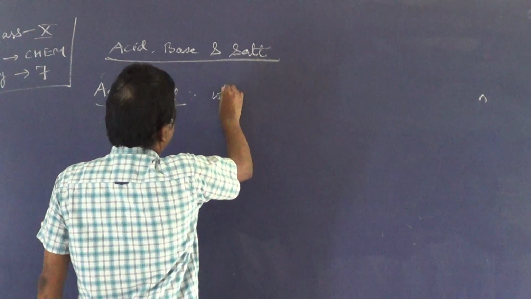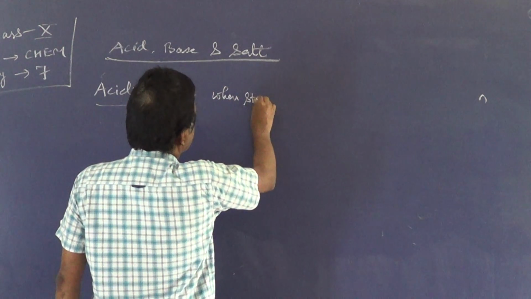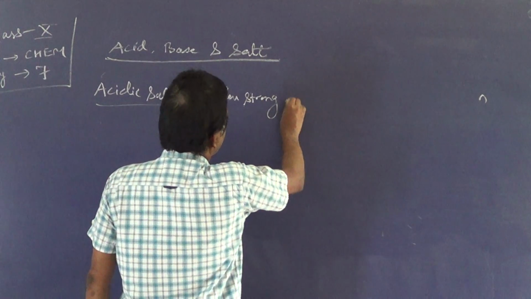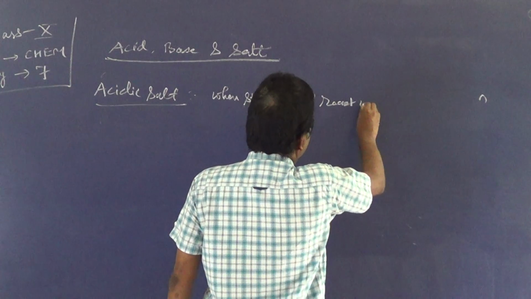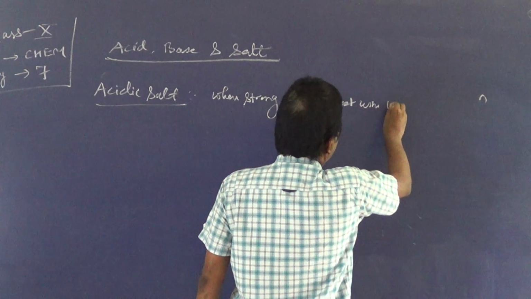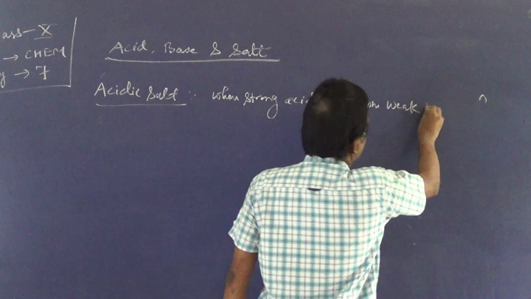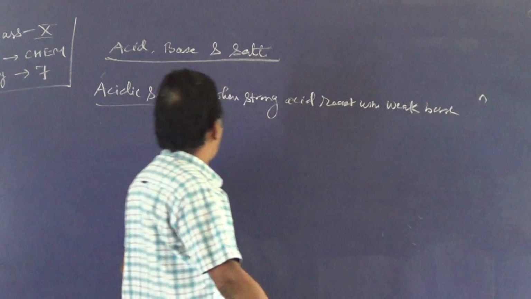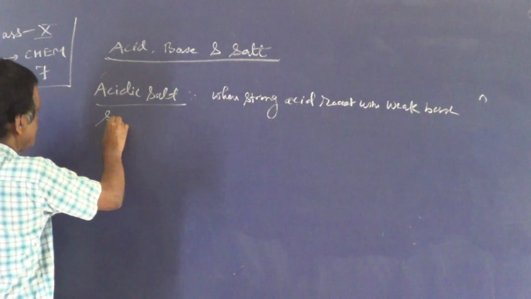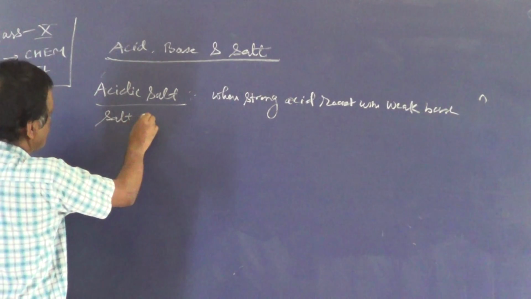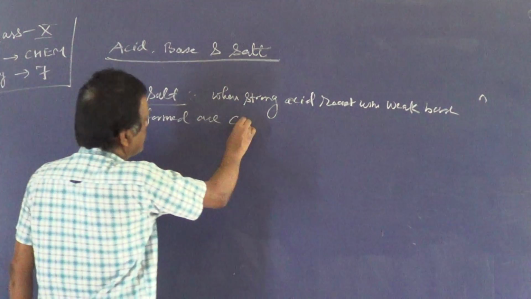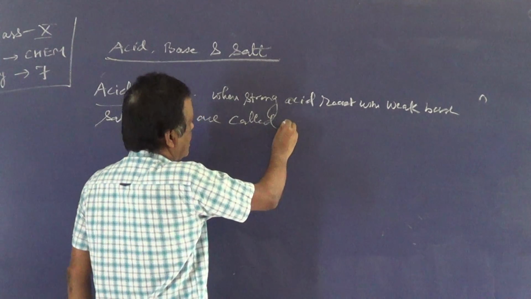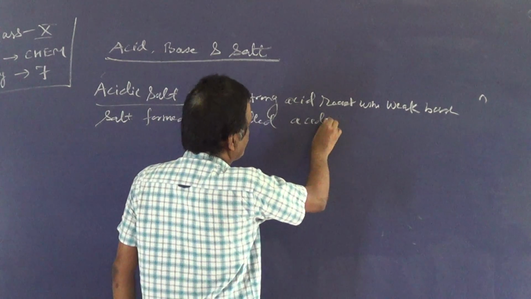When a strong acid reacts with a weak base, the salts formed are called acidic salt.